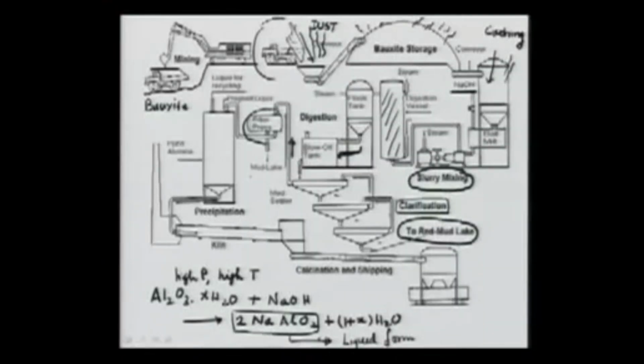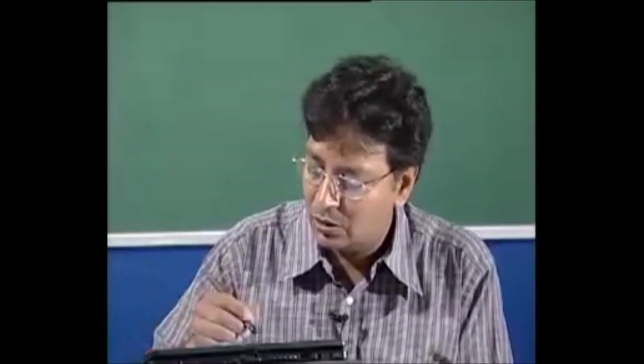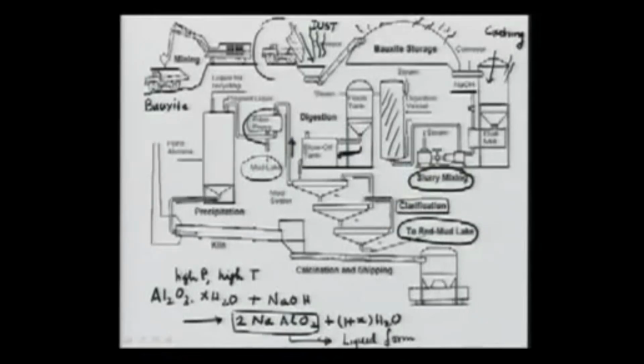And once the suspended impurities are gone, whatever the impurities are, that is again separated out, and that you can see here is the mud lake. And where will this be sent back? It will be sent back to the red mud lake. So this component here is going to the red mud, and this also is going to the red mud, because recall these are the impurities that we need to separate out.